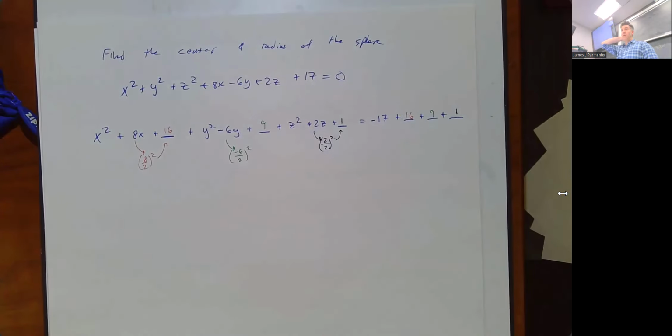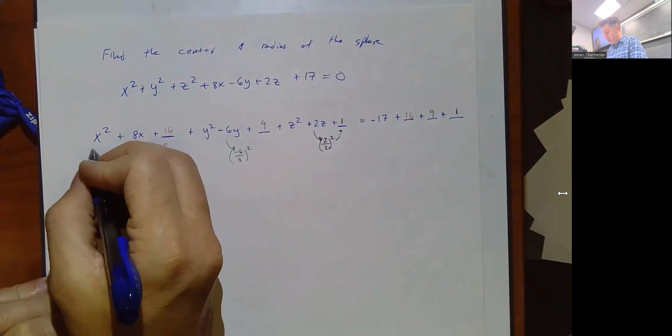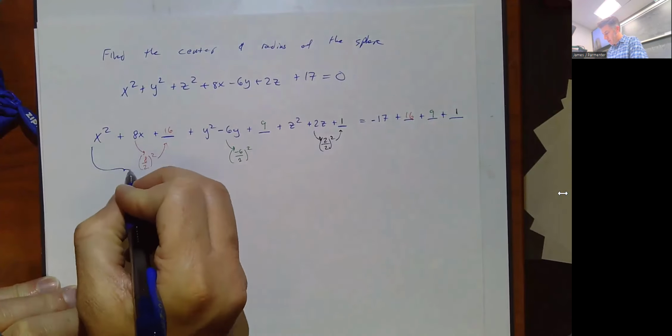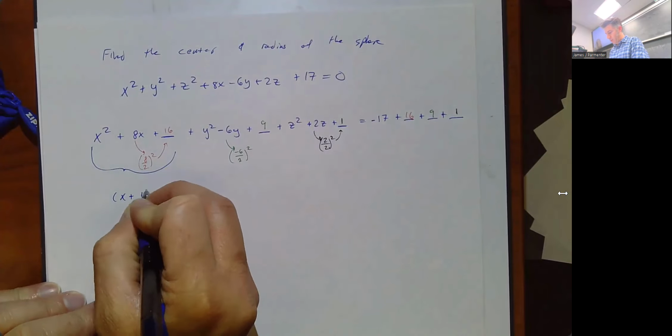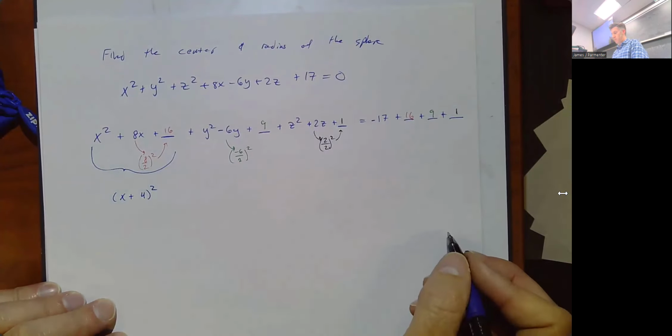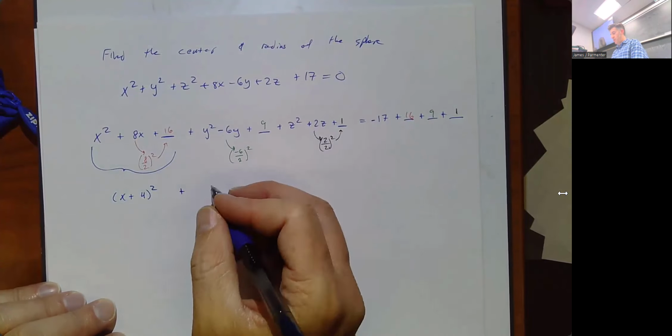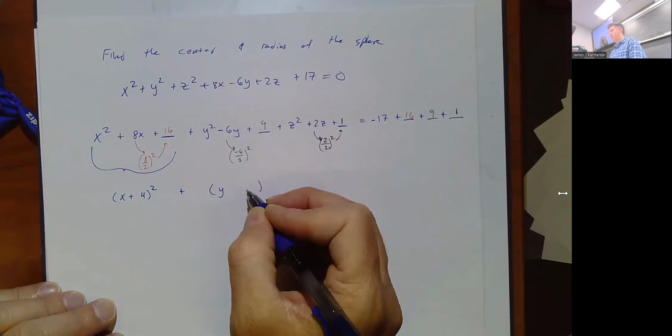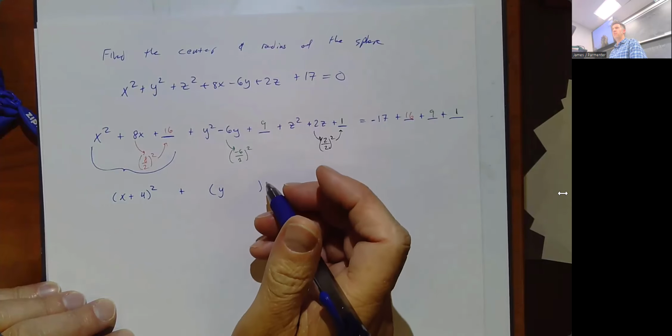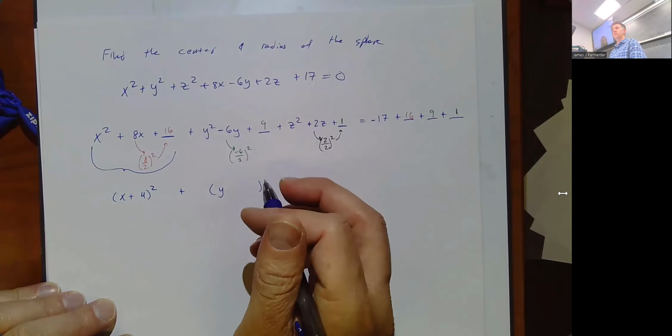Why did we complete the square? Because when you complete the square, this whole piece factors as x plus 4 squared. This whole piece factors as y plus 3 or minus 3?